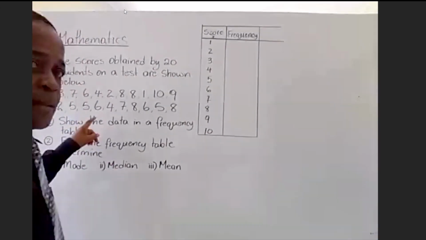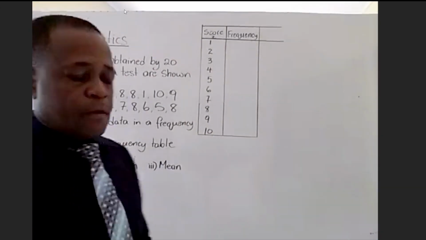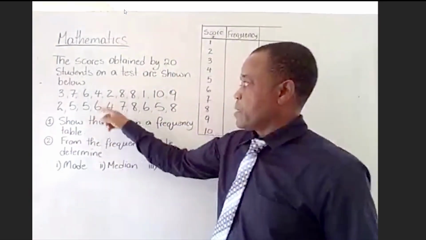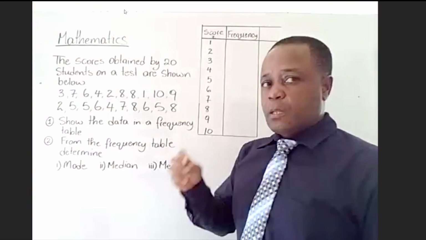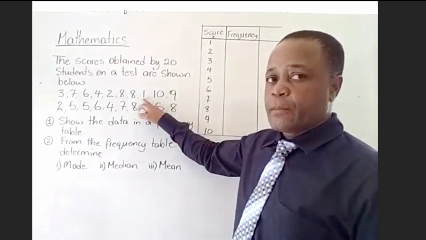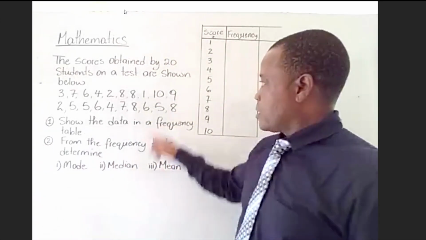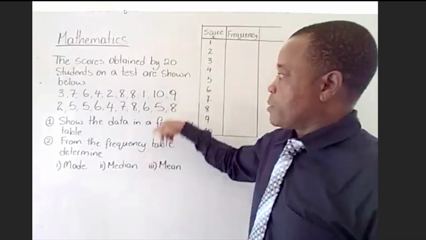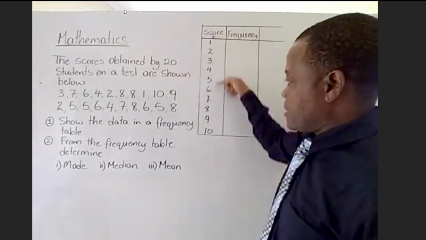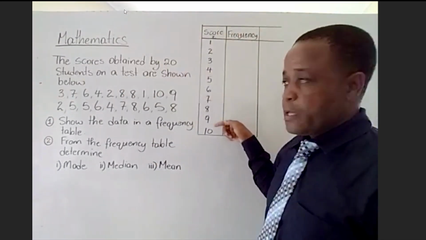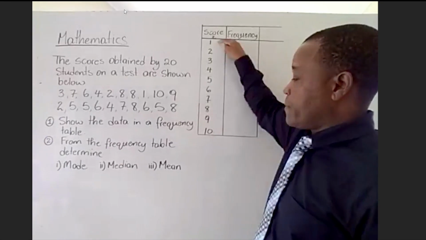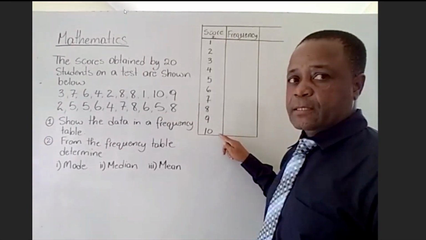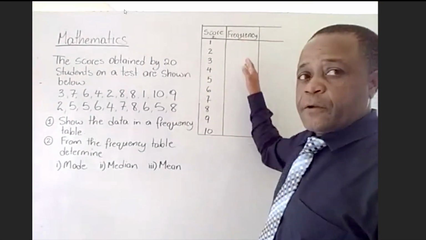Now, if you look at the raw data here, you'd realize that the lowest score would have been 1, while the highest score would have been 10. So the scores are now arranged in the first column here in ascending order, from the lowest to the highest. Now we need to look at the frequency.